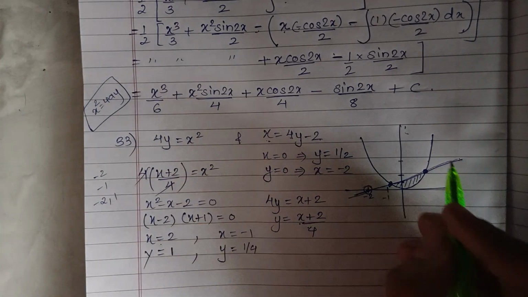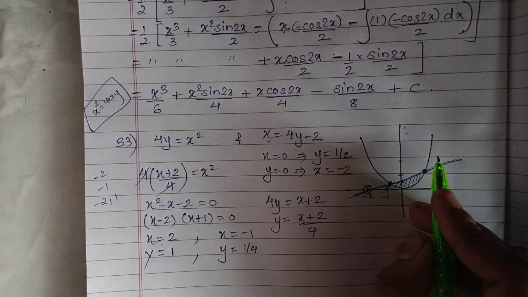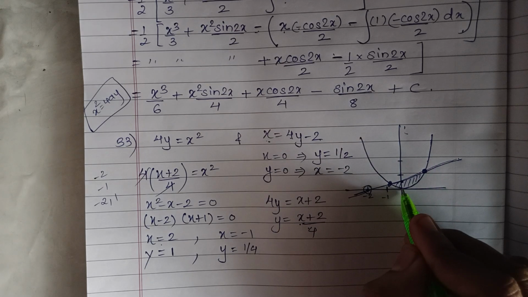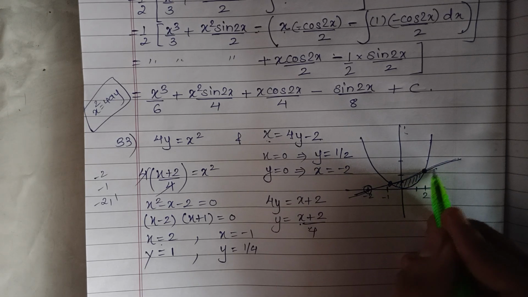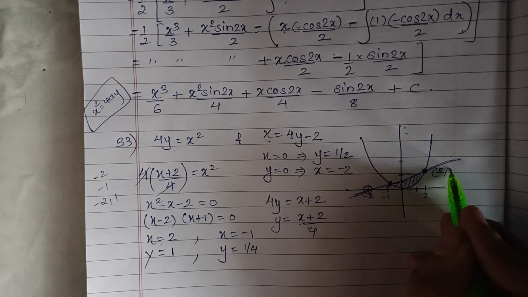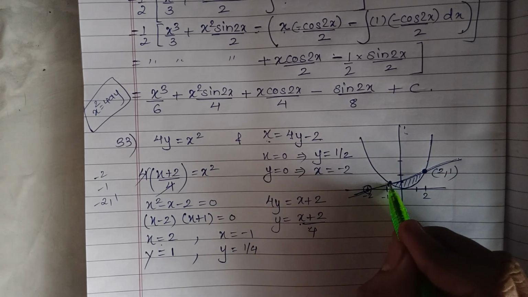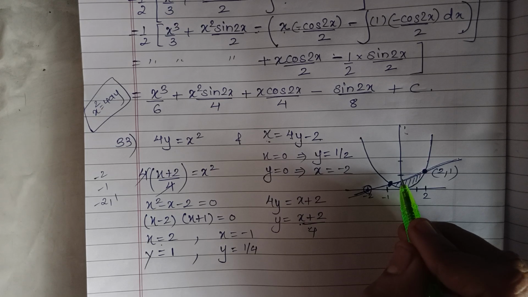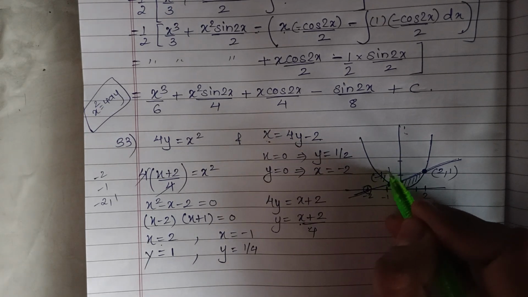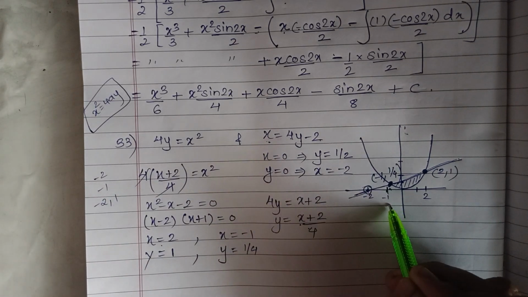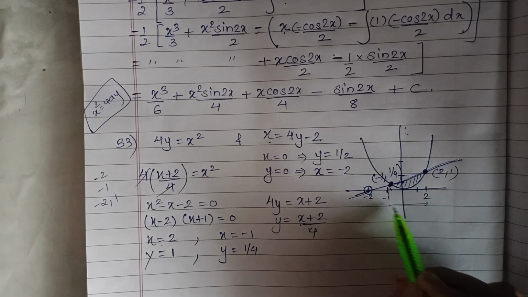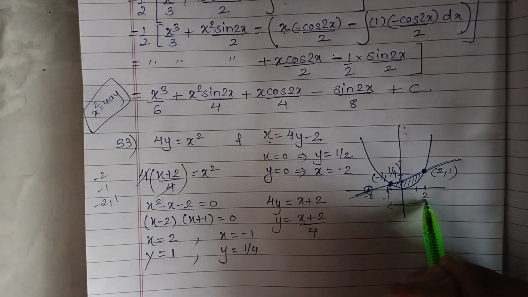So we are getting the 2 points: x equal to 2 and y equal to 1, this point is 2 comma 1, and this point is minus 1 comma 1 by 4. So we have x moving from minus 1 to 2.